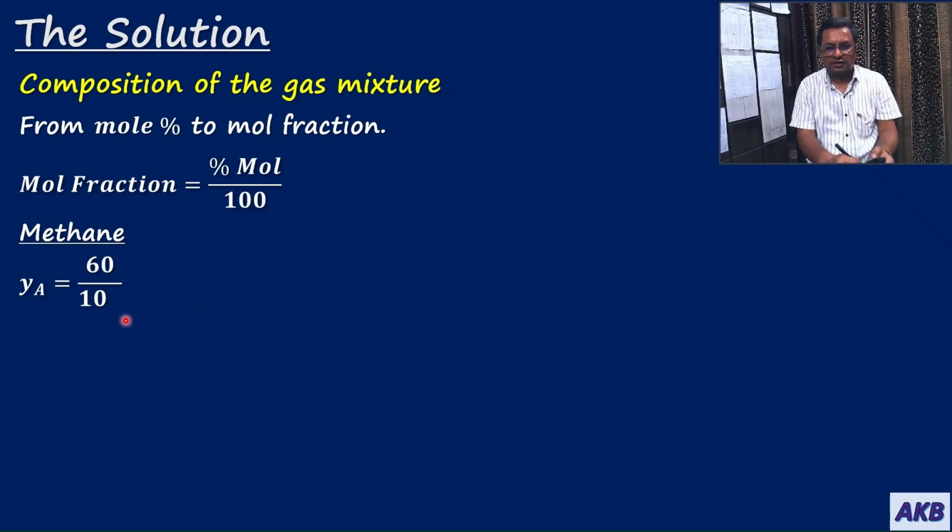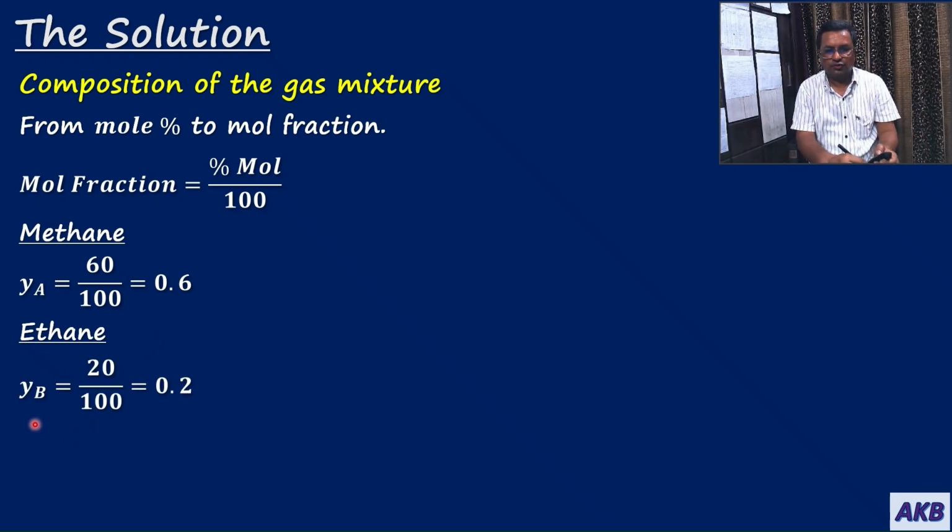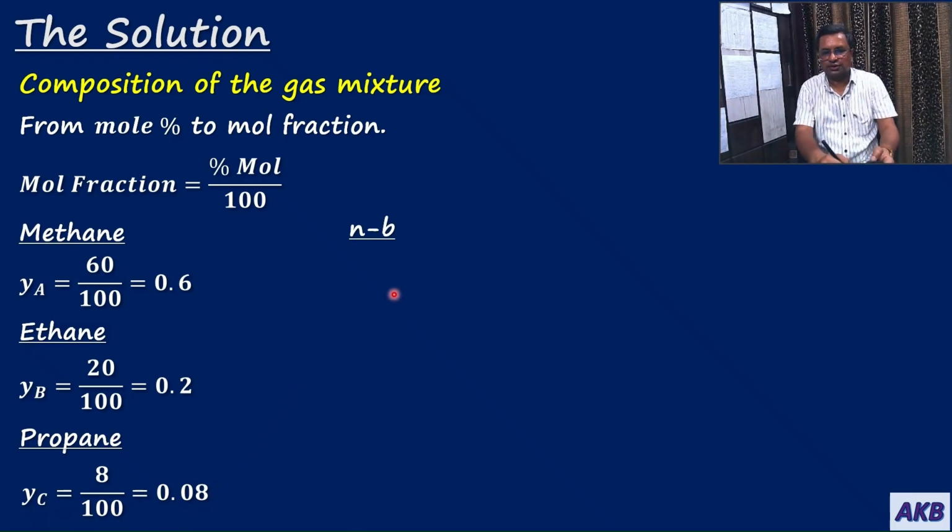For methane, the composition is 60 mole percent, therefore its mole fraction, which I will denote by Ya, is 60 upon 100, that is 0.6. For ethane, mole percentage is 20, so mole fraction Yb will be 20 upon 100, which is 0.2. For propane, the composition is 8%, therefore mole fraction Yc will be 8 upon 100, that is 0.08.